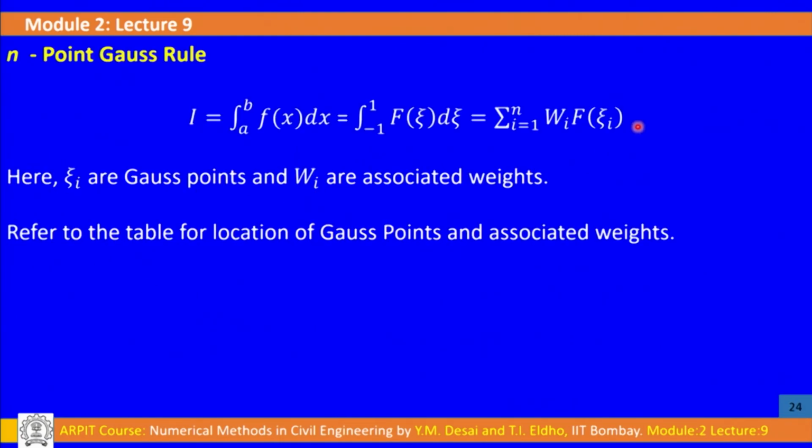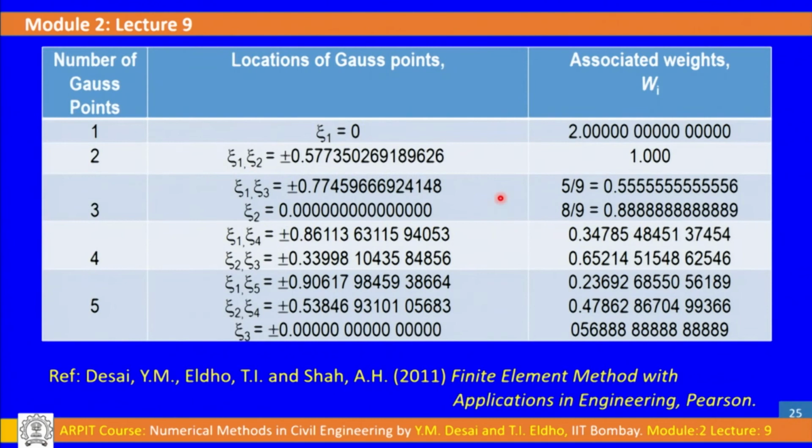If you are given a constant valued function, all function values f at xi I are constant, and if I integrate minus 1 to 1 constant value d xi, that integration will be 2 c. So, in order to get the numerically correct value, since all function values are the constant c, summation w I has to be 2. So, this we have to observe in this table.